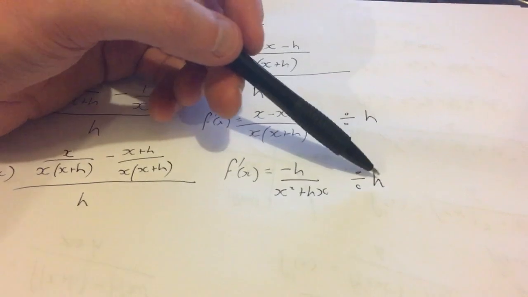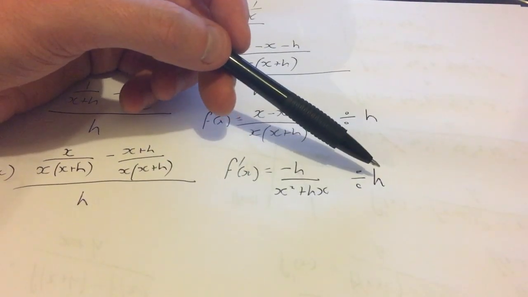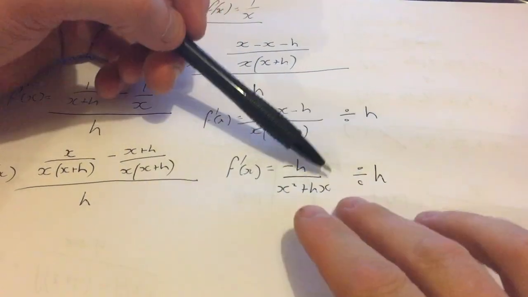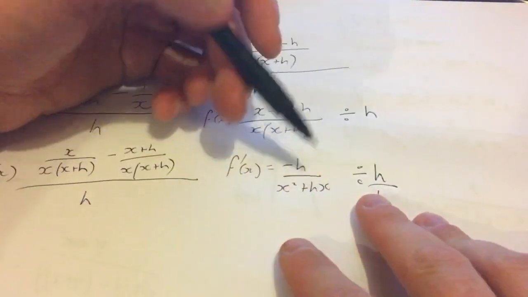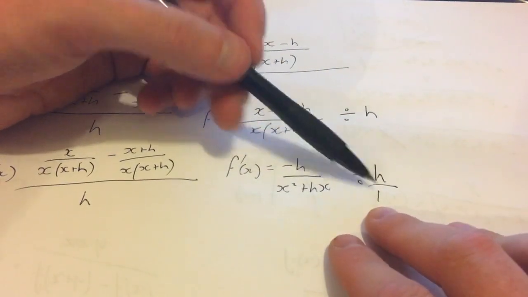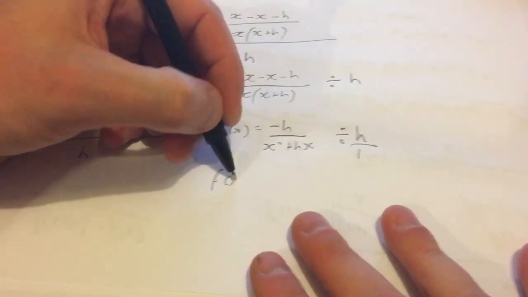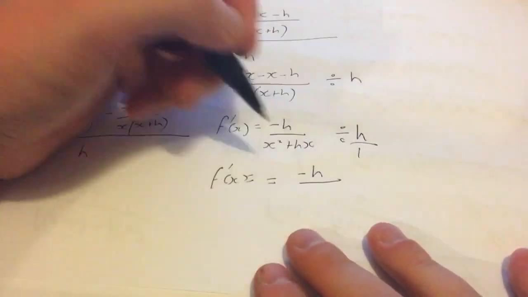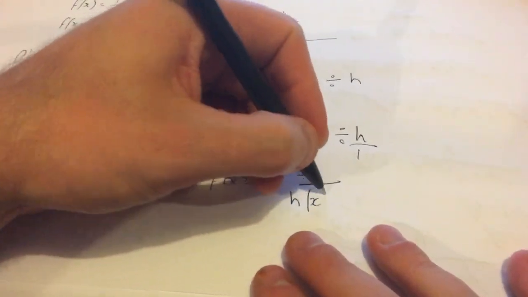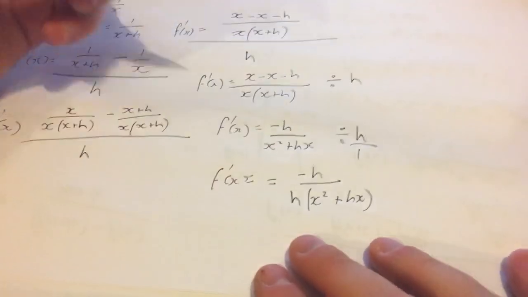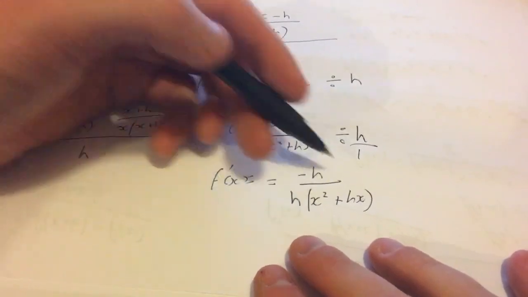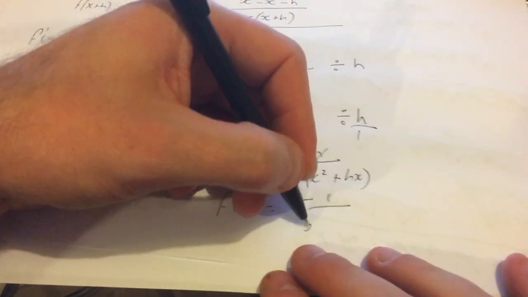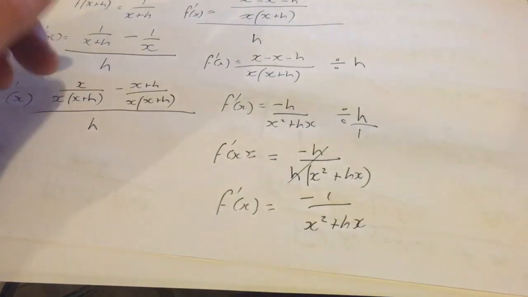Now, there are two ways you can think about it: you can divide every bit here by h, or the easiest way of thinking about this is just timesing it by 1 over h. So remember, if you're dividing fractions, as a fraction this is actually h over 1, we can flip this fraction and just times them. So we're going to get f dash of x is minus h over h times x squared plus hx, and these h's here can just cancel, so we're going to end up with our differential function is minus 1 over x squared plus hx.